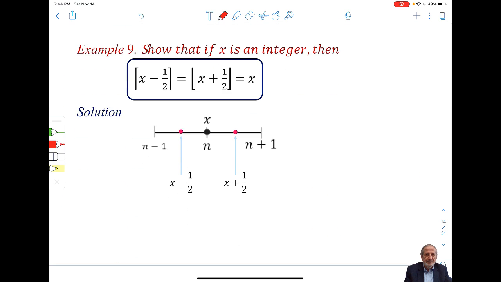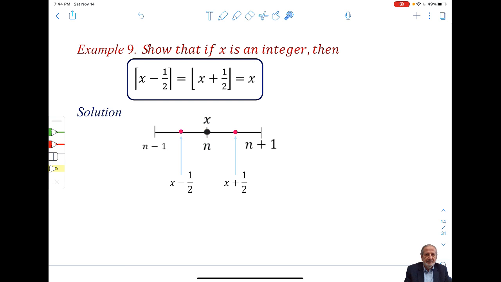Now here's another example. Show that if x is an integer, then the ceiling function of x minus 1/2 is equal to the floor function of x plus 1/2 is equal to x. So this is really simple, because here x is an integer.